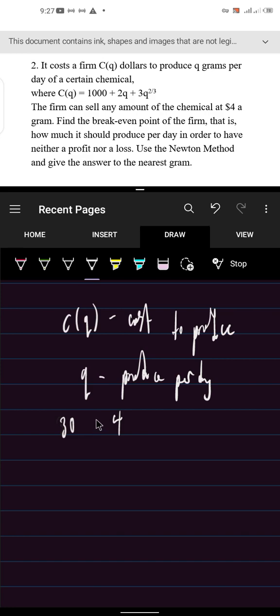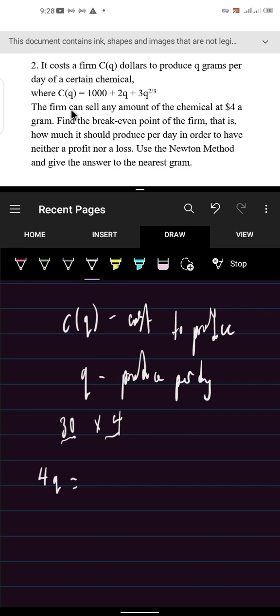How do we know how much we're going to make? Basically we just multiply how much we're going to produce times how much we're going to sell. Same applies here. Q is the grams produced per day, and we can sell any of those at $4. So to get the revenue, we just say 4 times Q.